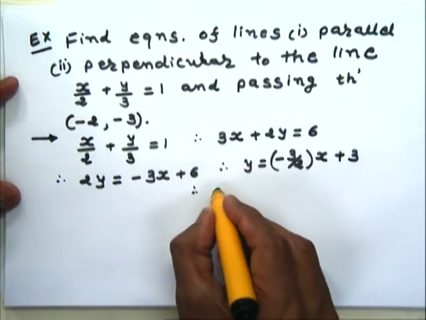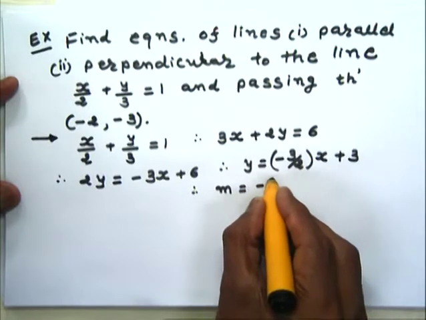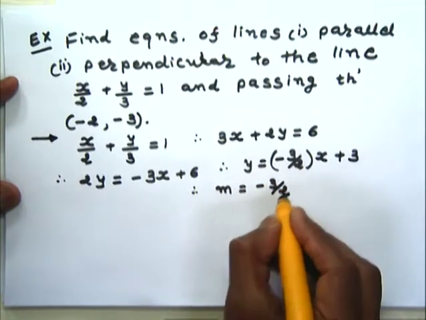I find that the slope of the given line is minus 3 by 2.